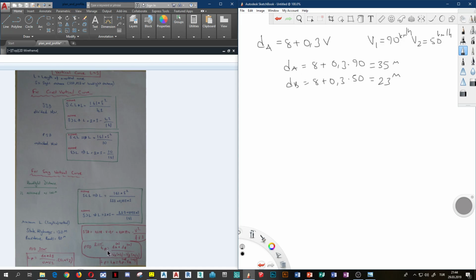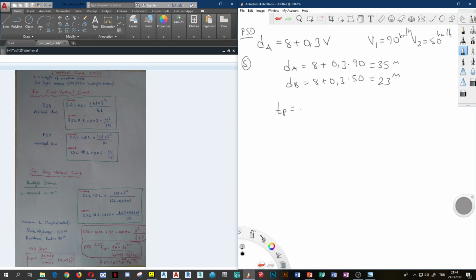I have to calculate passing time firstly. Our sight distance is the passing sight distance. Of course, I want to calculate S. What is S? These are the steps of calculation of S. Passing time is equal to dA plus dB in meters.